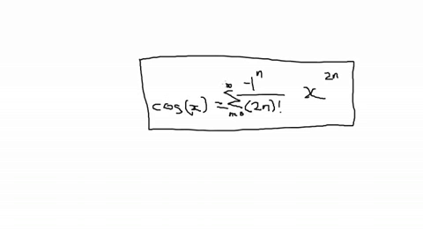So according to the Taylor series solution of cos, so sine series, the Taylor series solution is actually summation from n equals 0, I'm not too sure if you can see that, to infinity.